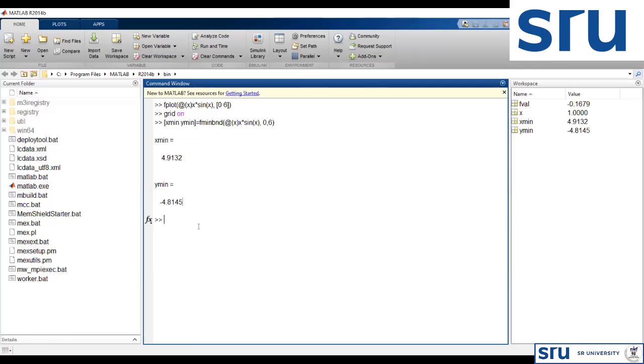So now you can find x max and y max, equal to fminbnd, then at the rate of x, then I have to write x sin x.